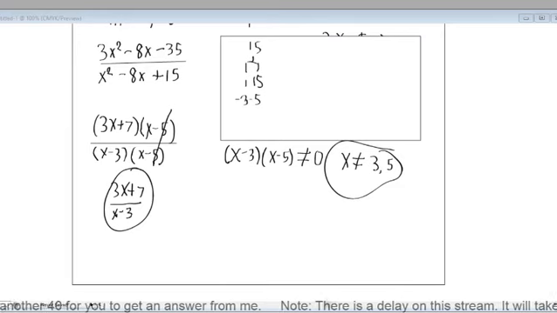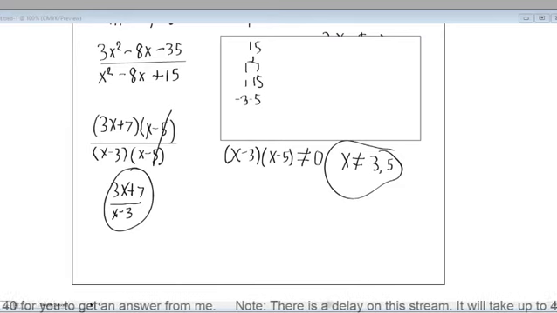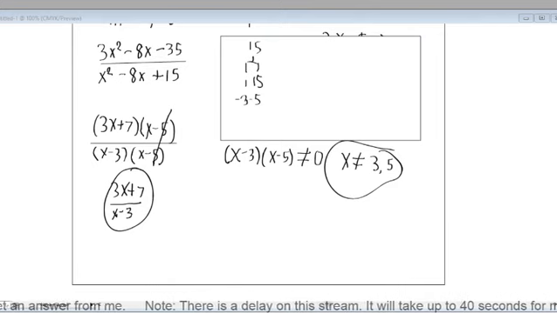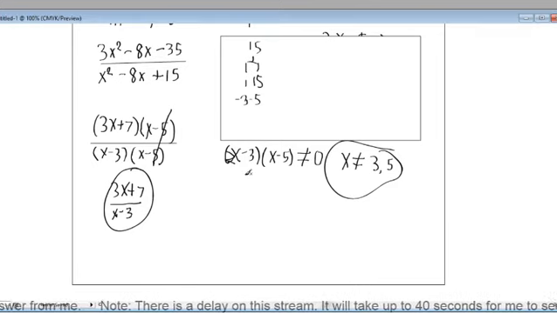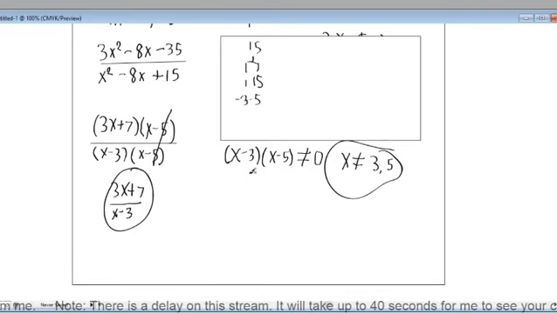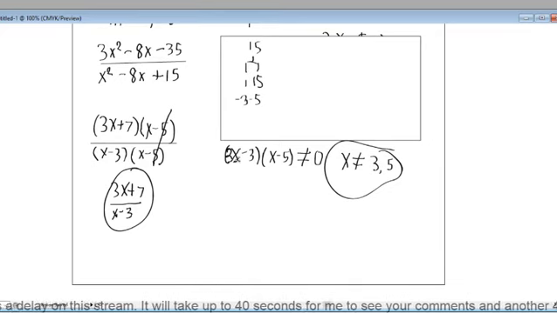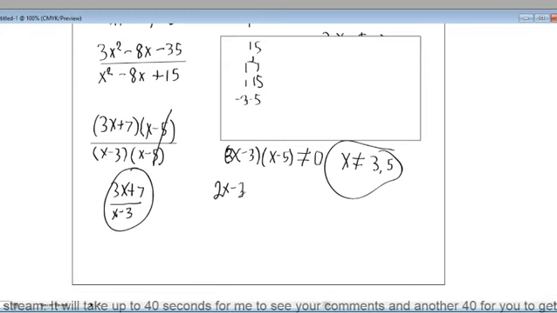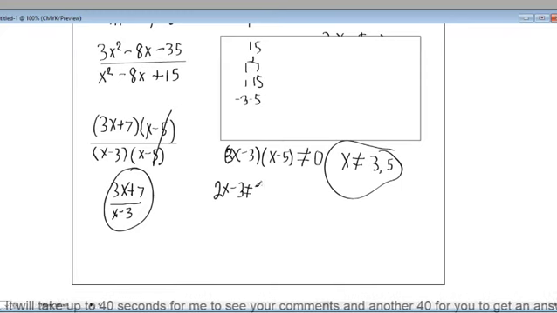It's just kind of nice that we got nice little integers here, but if there was a 2 in front of here, then if you solve this, that'd be 2x minus 3 is not equal to 0.